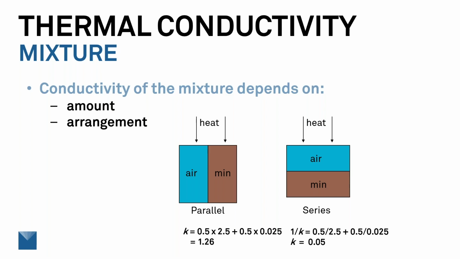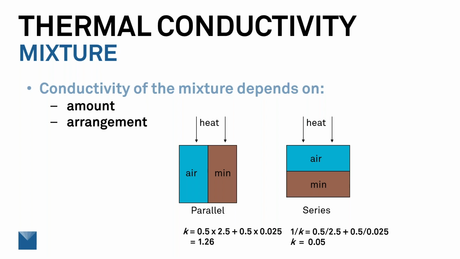But we could also arrange the components in series, like those on the right. When we have a series arrangement, then we want to take the harmonic mean. The reciprocal of the conductivity of the mixture is the sum of the reciprocals of the conductivities of the components.